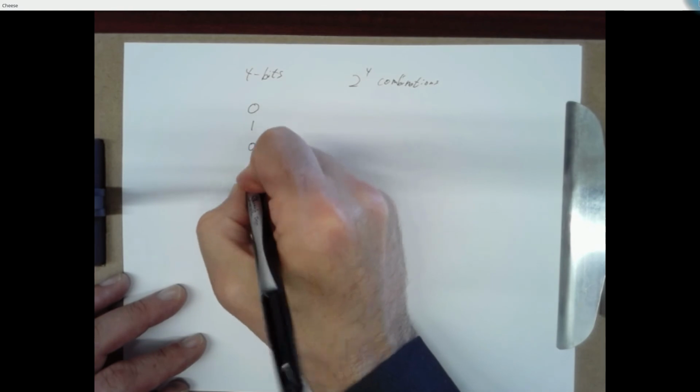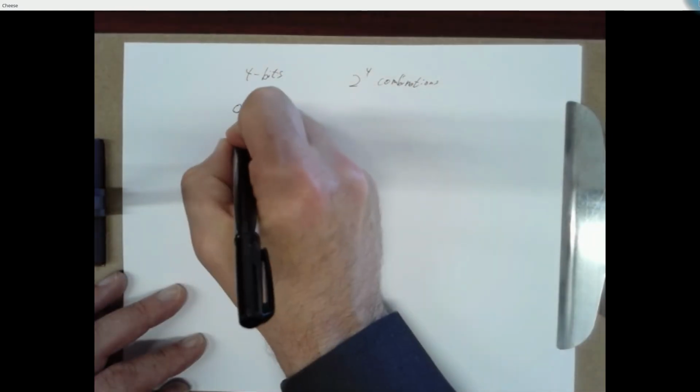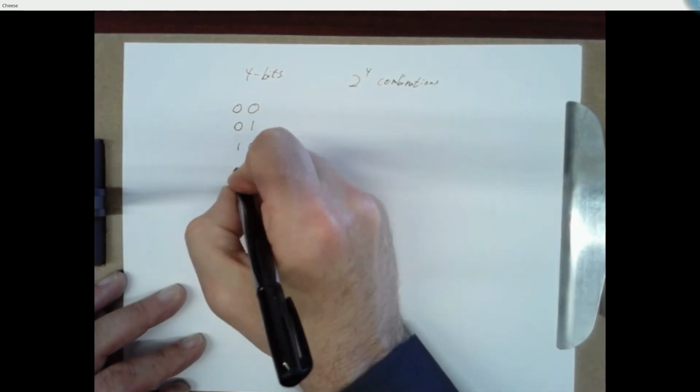Agreed? Okay, if I'm going to have 2 bits, here's what I'm going to do. I'm going to repeat this pattern. And on the first half of these, I'm going to put a 0 next to it. And on the second half, I'm going to put a 1 next to it. And there I've got my 4 combinations of zeros and ones for 2 bits.